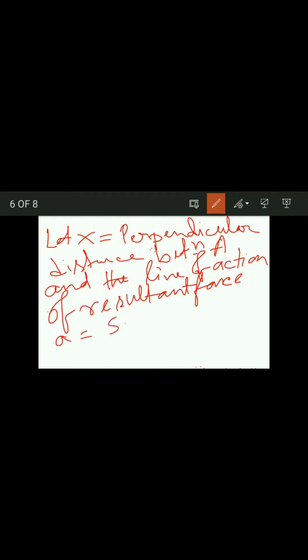Now equating the moment about A, so before that we need to draw the position of the resultant diagram.